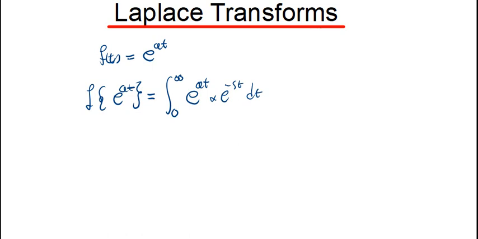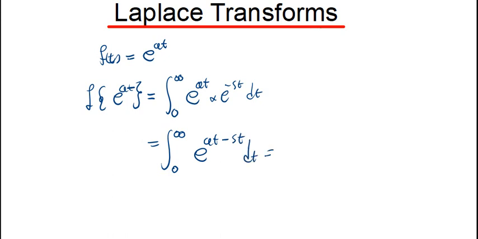All right, so here we can unite these two, we can write them together. So this is just going to be e to the power at minus st, dt.